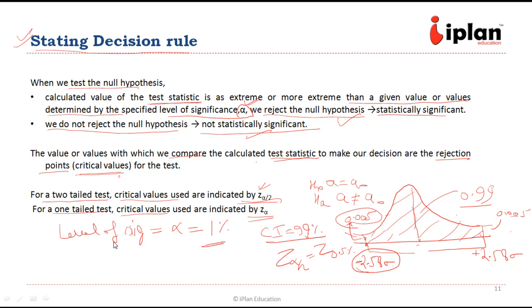If we are talking about a one-tailed test, then we'll find Z alpha, which is Z 0.01 or 1%, because in that case we are looking at only one side, like this. The complete area is going to be 99% and 1% is going to be in the right hand side tail.